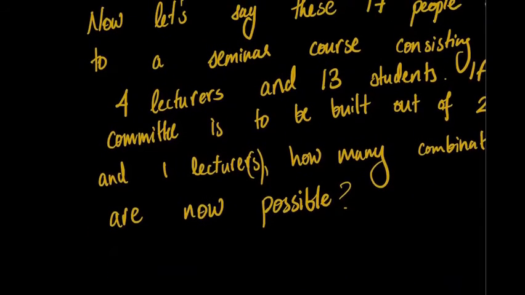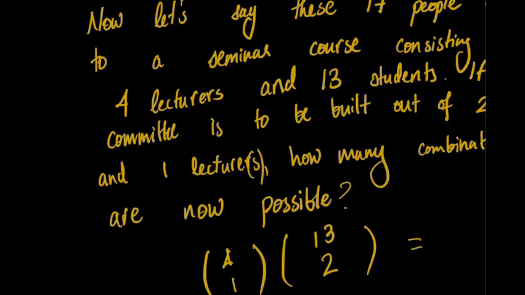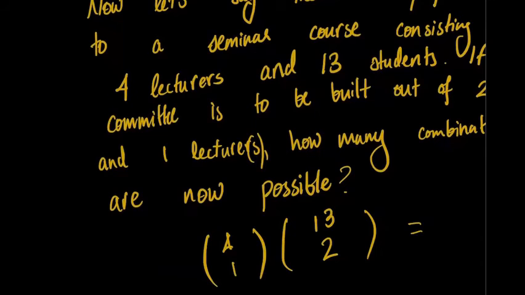Well, it's a little bit different when it comes to combinations. When we're working with combinations, we would have a combination for each separate group. So there's a combination for the lectures: you're choosing 1 lecture out of the 4. And there's a different set for the students: you're choosing 2 students from 13.